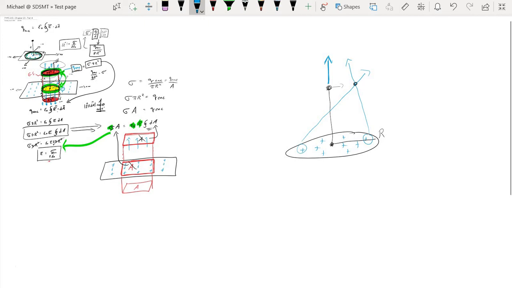Whether it's a magnitude issue or a direction issue, we are not going to be able to map out that flat surface above the finite disk the way that we were with the infinite sheet.